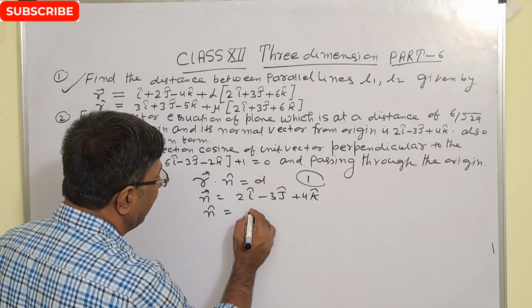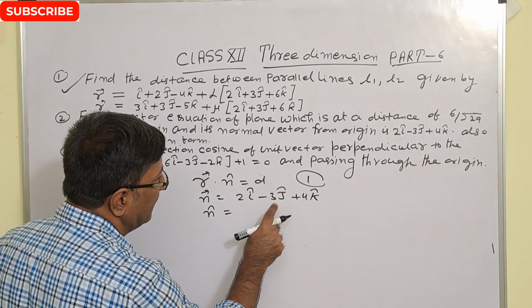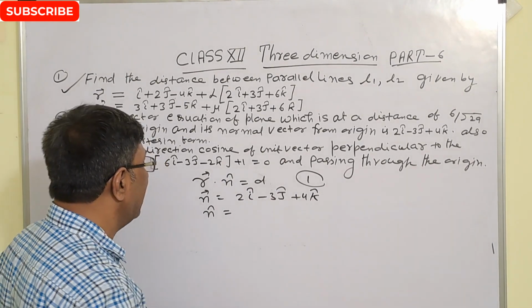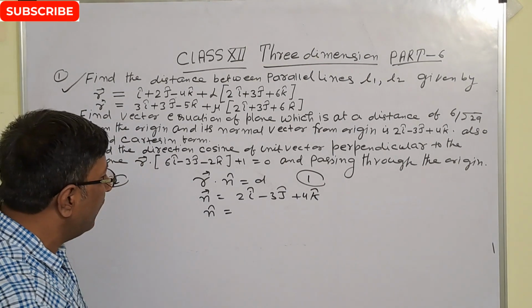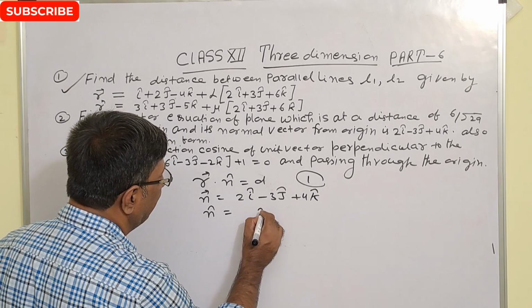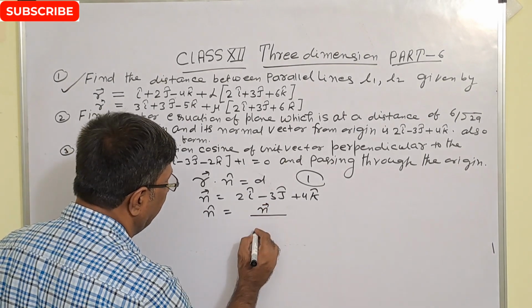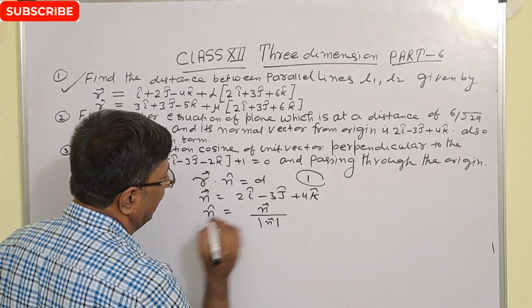Our formula is the n vector divided by the magnitude of the n vector.